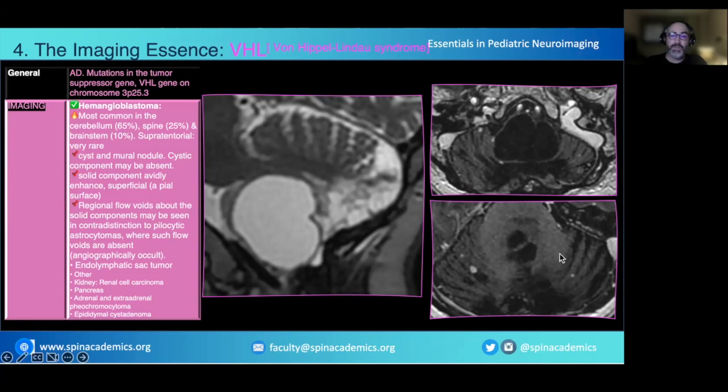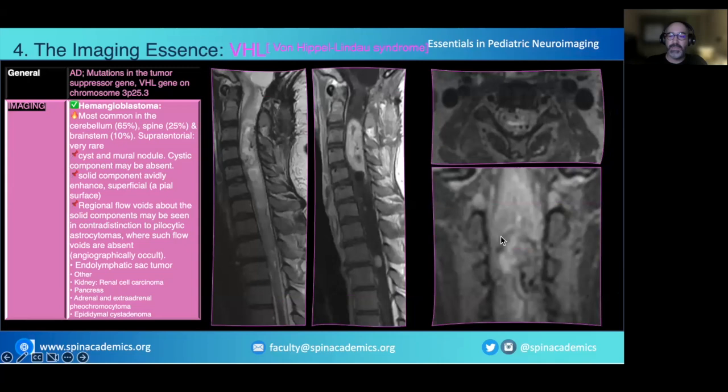And also remember this one. This characteristic is very, very important. These flow voids that are, for example, located also in the cervical spinal cord, and this type of flow voids are very, very characteristic of hemangioblastoma. So keep in mind that it's not the same as a pilocytic astrocytoma. That's an interesting difference between the two of them.